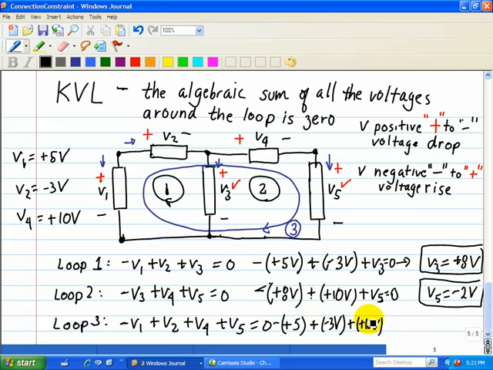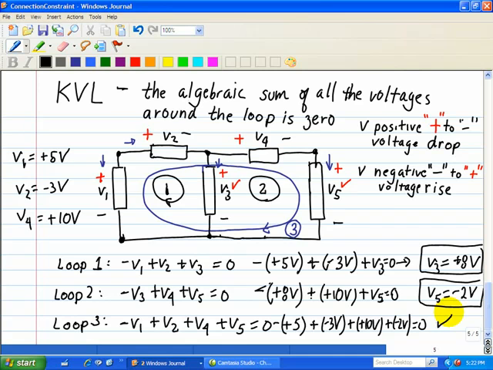And for V5 we found it was a plus, negative 2 volts, and this is equal to 0. So here we have minus 5, minus 3 is minus 8, and minus 2 makes minus 10, which adds with the 10 volts of V4, and that's equal to 0. So this checks out. We're consistent in that respect.